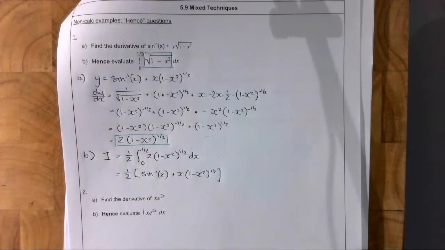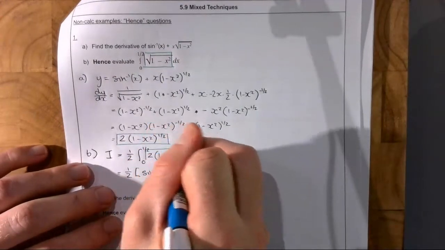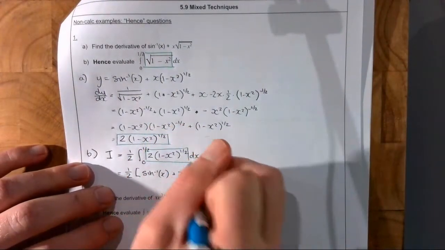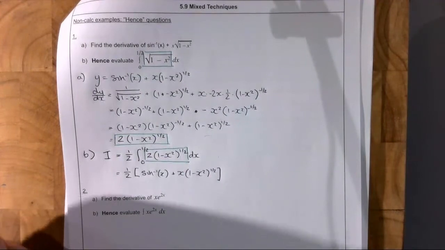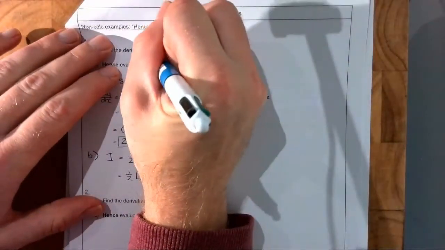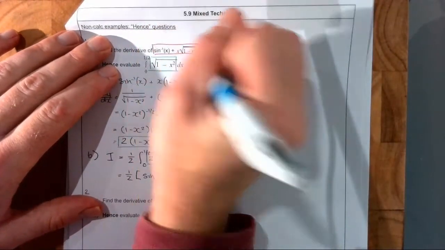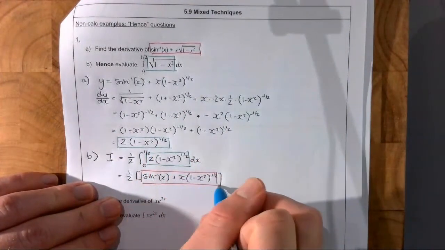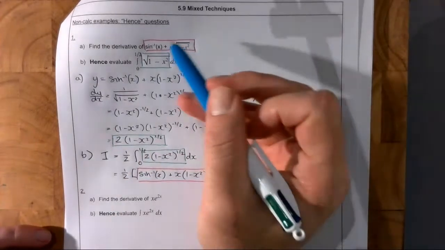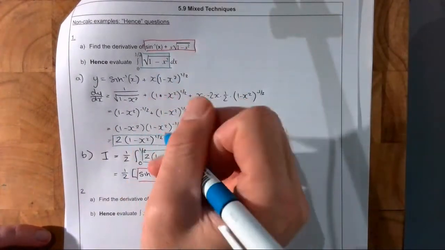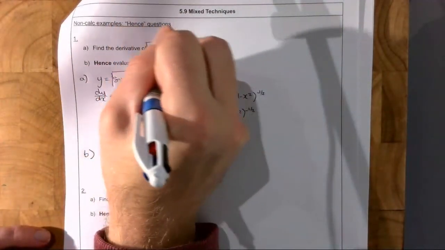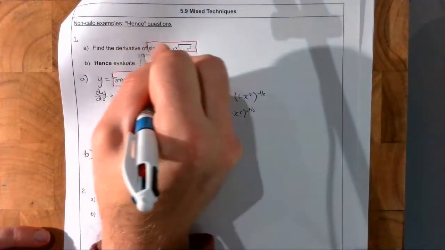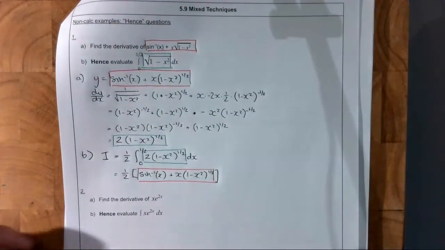So if the red goes to the green when we differentiate, the green goes to the red when we anti-differentiate.